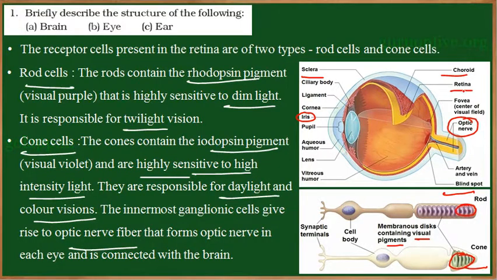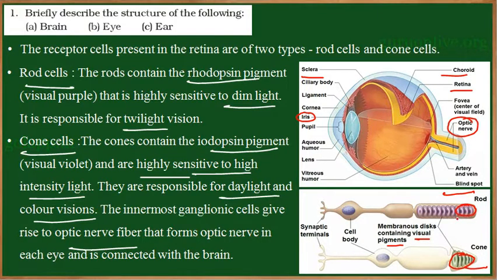Now, the innermost region is the retina. The retina is further differentiated into three regions: the ganglion, bipolar and the photoreceptors. The ganglion region gives rise to the optic nerve fiber. The photoreceptors include the rod cells and the cone cells. They have visual pigments.